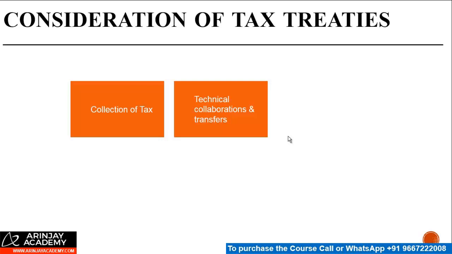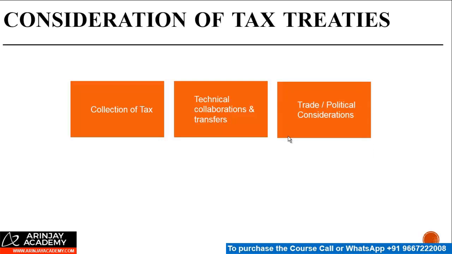This is for the simple reason that the more the technology is imported into a country, the more is the economic benefit arising out of it. So if for that reason they decide that we want to give away our right to tax, then that is a technical collaboration and transfer consideration which is considered by a country.